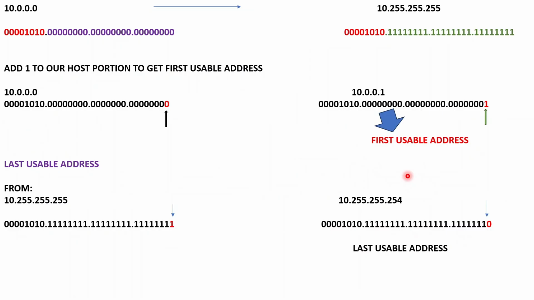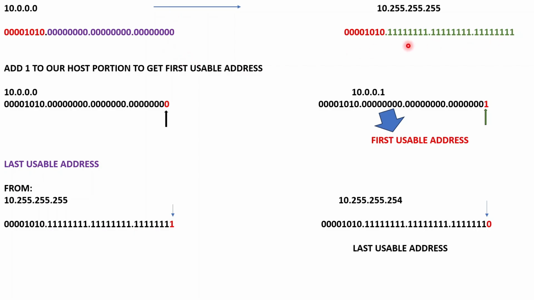Then finally, let us see in the class A range of class A. For the class A also is very simple. Convert your network address into binary codes. Then since we are finding the first and the last usable address, we will be focused only on the host portion. So in this network, our host portion ni hizi hapa, biti kuanzia octet ya pili, ya tatu na ya nne. This is our host portion. So for us to get the first address, we just only add 1 in our last octet.